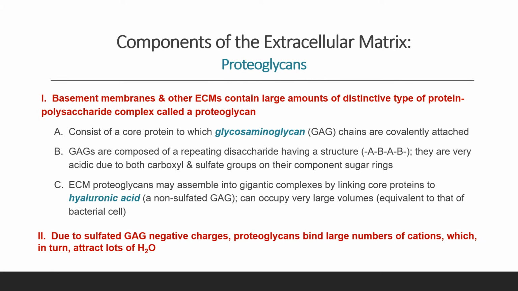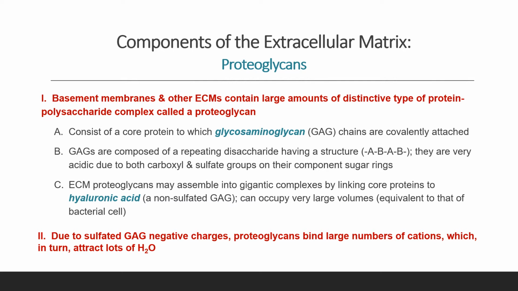So in addition to collagen, basement membranes and other extracellular matrices typically contain large amounts of a distinctive type of protein-polysaccharide complex known as proteoglycan. It consists of a core protein, to which glycosaminoglycan chains, or the GAG chains, are covalently attached.